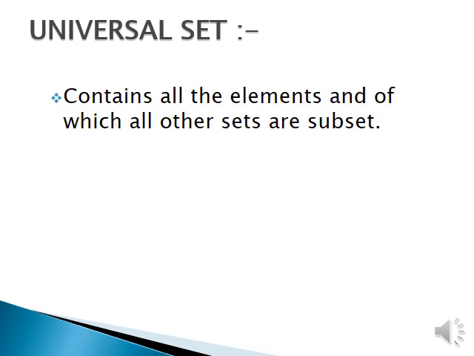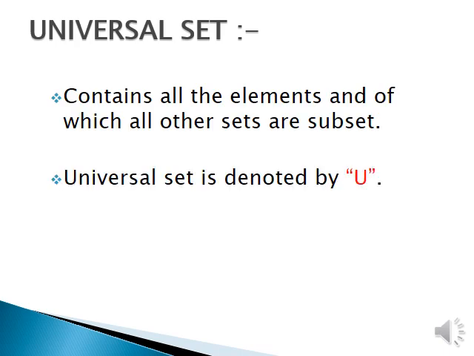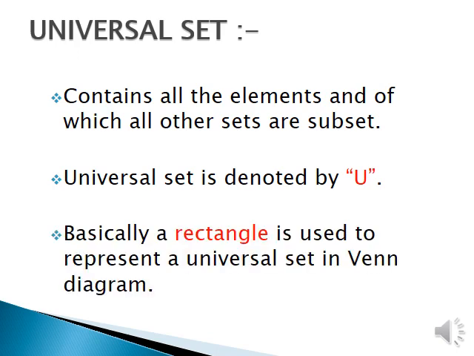It contains all elements. Universal set is denoted by U. We use a rectangle to represent the universal set in a Venn diagram.